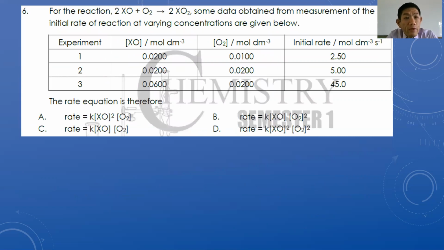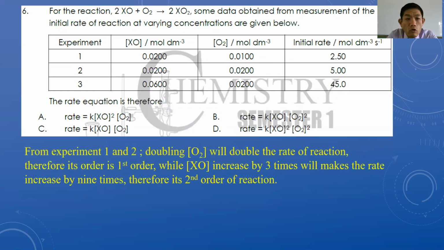Then number 6, for the reaction 2XO plus O2 give 2XO2, some data obtained for the measurement of the initial rate is given below. So what is the rate equation? Now, if you study carefully, for experiment 2 and 1, doubling the concentration of O2 will double the initial rate. So this will mean that O2 is first order.